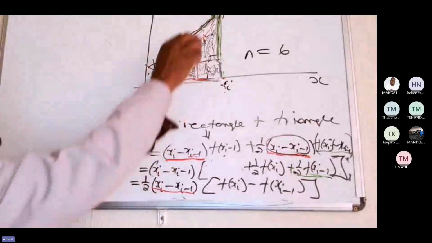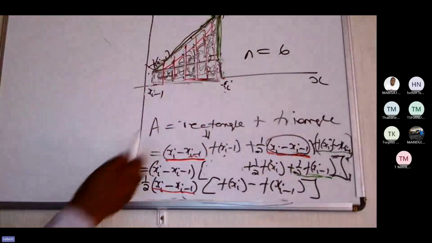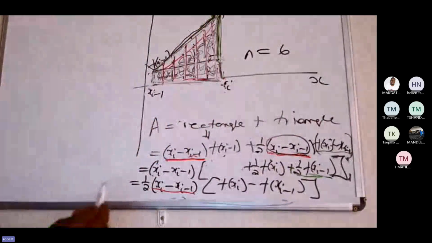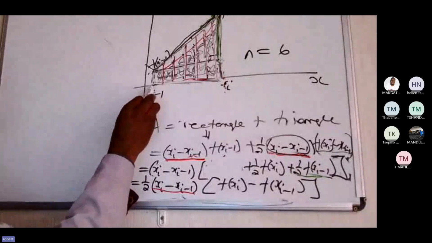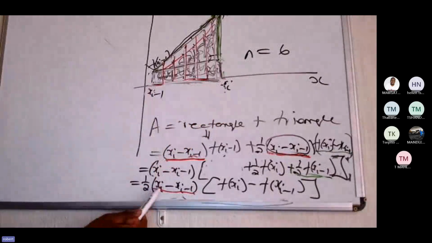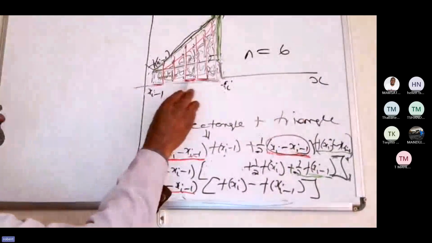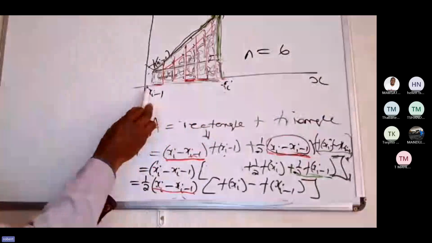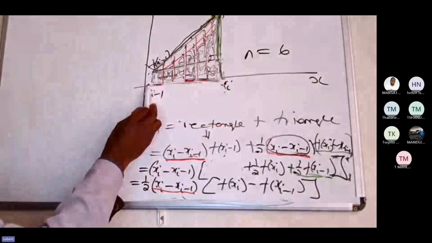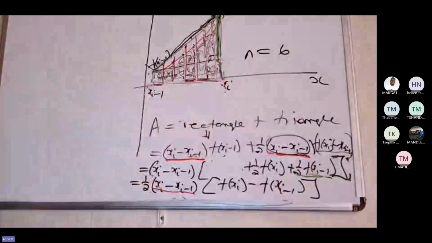How many do we have? If you have got 6, then from here to here, it will be the whole length, which is this, divided by 6. That is from here to here, meaning this minus this divided by 6.